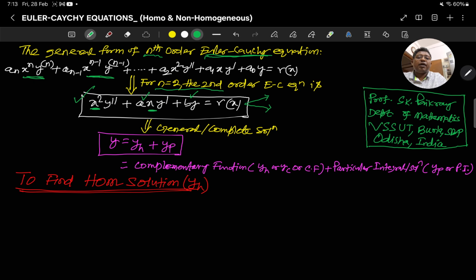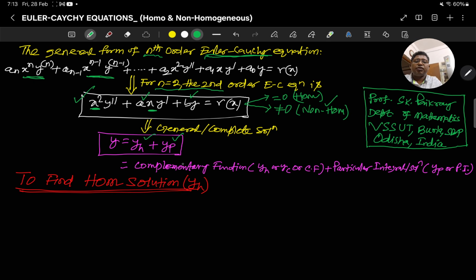If r(x) is equal to 0, then it leads to the homogeneous case, and if r(x) is not equal to 0, then it leads to the non-homogeneous case. Once it is non-homogeneous, the complete or general solution is y homogeneous plus y particular.